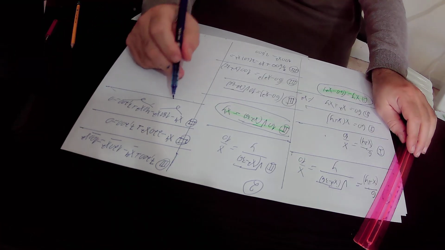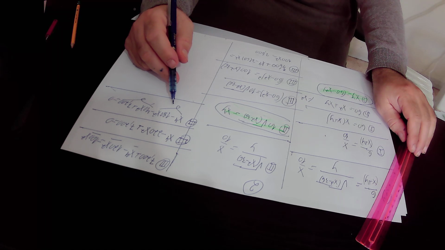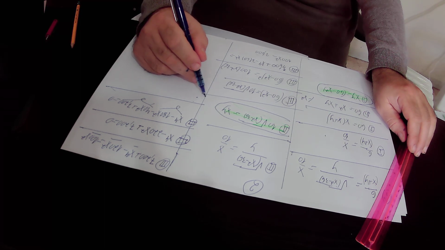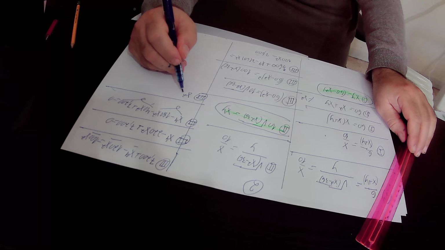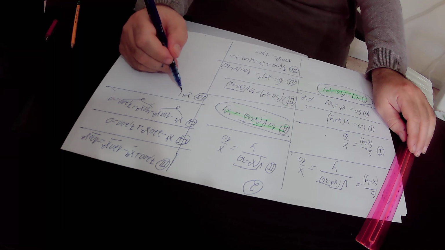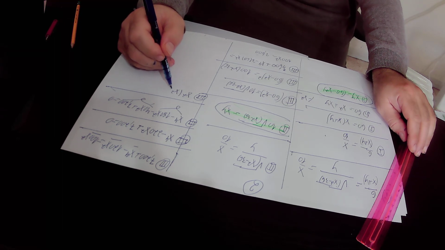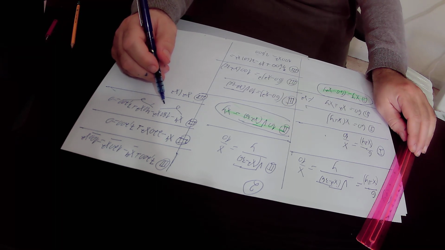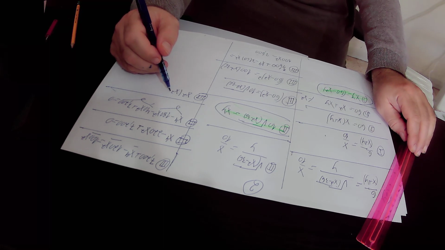If we take x squared out of these two expressions as a common factor, we get that according to equation number 3, here x squared is a common factor, so what is left from x to the power of 4 after we took x squared as a common factor is actually x squared. And what is left from minus 180x squared after we took x squared as a common factor is minus 180.